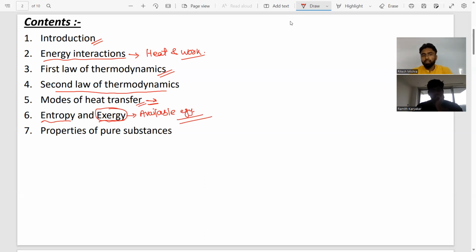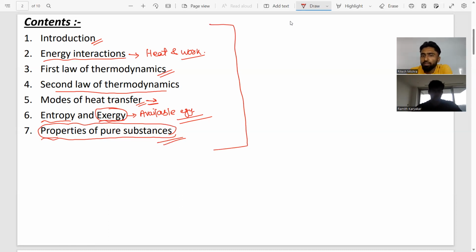And at last, properties of pure substances, which is very important from your thermodynamics point of view. Here you will learn the TS diagram of a pure substance, the PV diagram, and the HS diagram. Different types of diagrams you will have to learn in this topic. So these are the topics you will have to cover for your exam and tutorials.